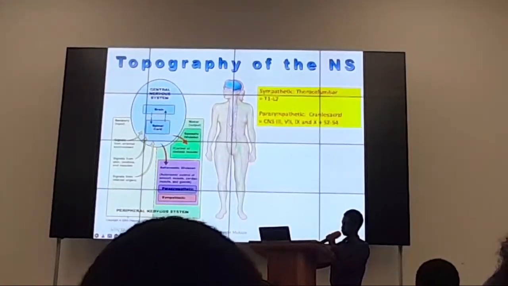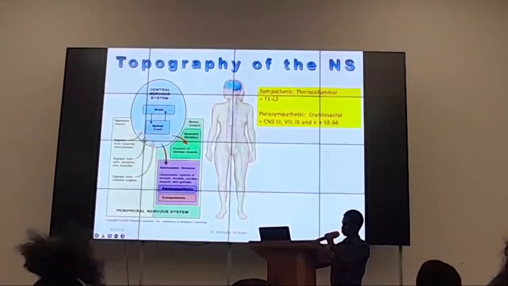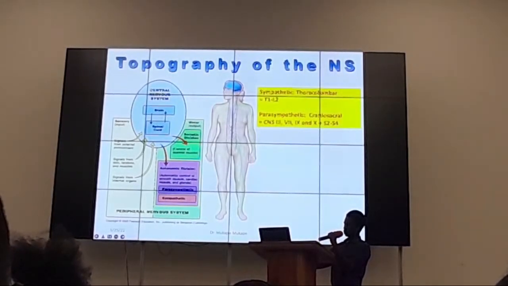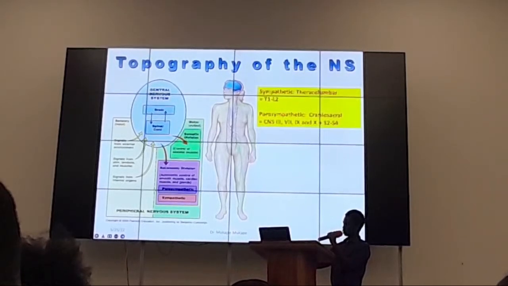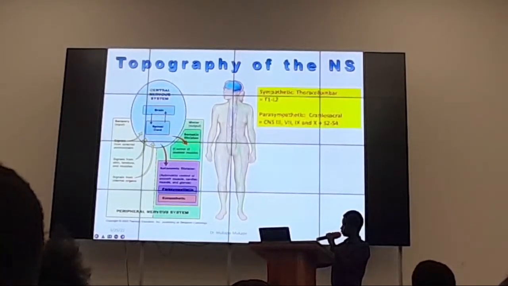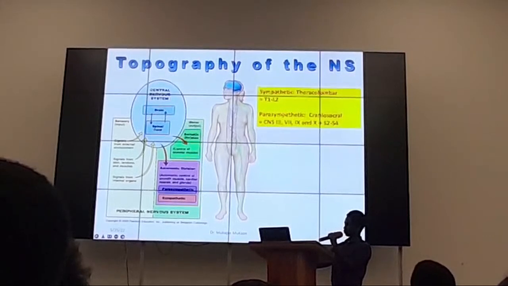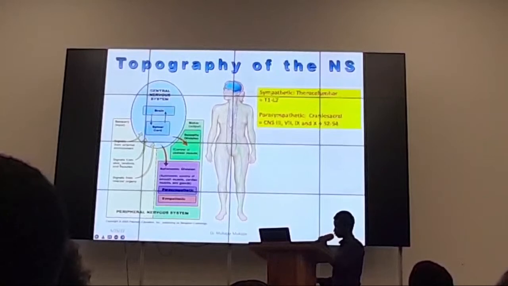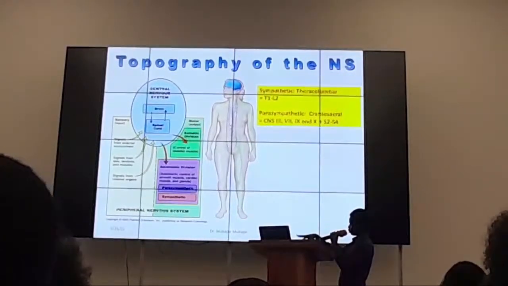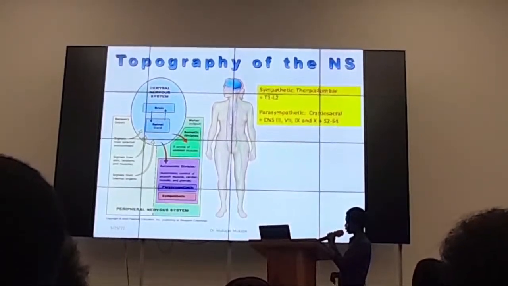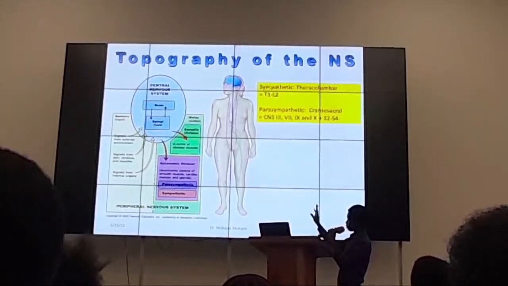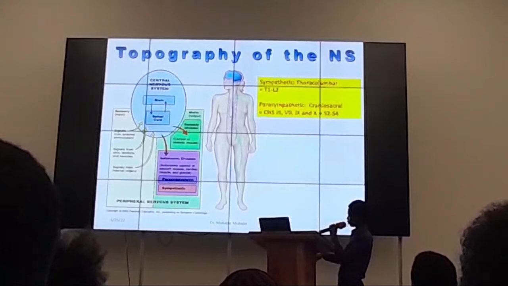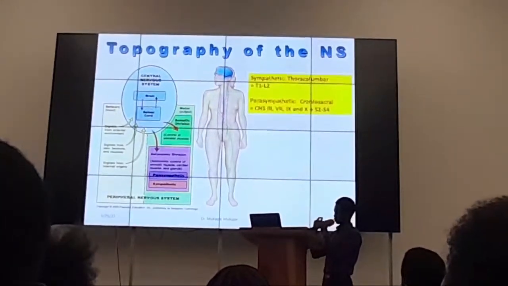Then we have the peripheral nervous system, which has two divisions, the sensory or afferent division, and the motor division. Sensory is able to get information from the surroundings, including internal structures: signals from the external environment, from skin, tendons, and muscles, and from internal organs.